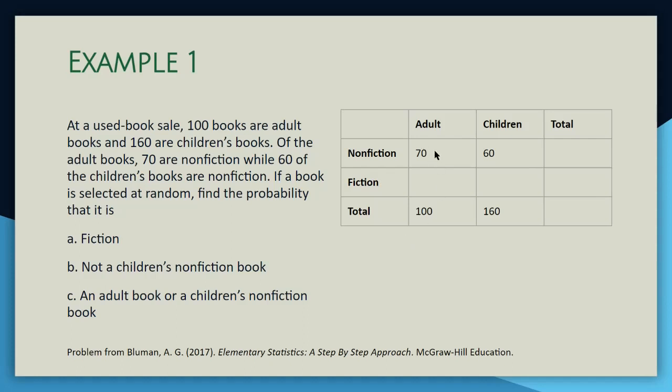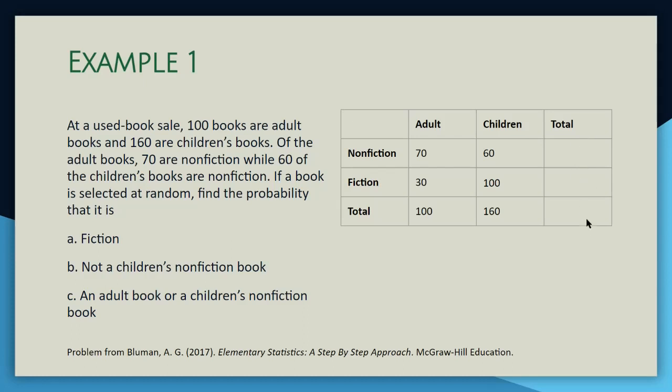Now we can use what we know about this system to go back and fill in those fictions and then those fiction nonfiction totals. So 100 adult books, if 70 are nonfiction, then 30 must be fiction. And for the children's books, if we have 160 books and 60 are nonfiction, the remaining 100 must be fiction.